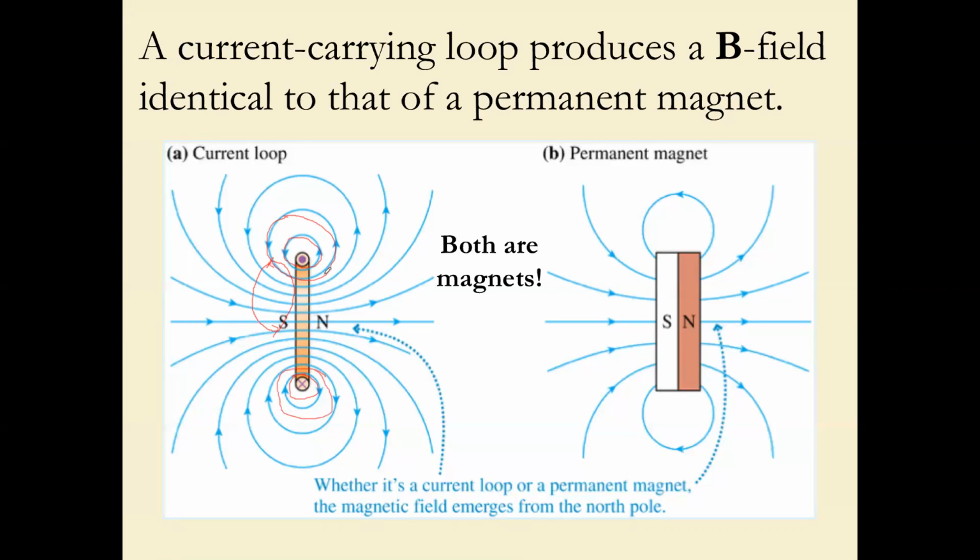That's why we see that magnetic field lines emerge from this side, and then they enter on the left hand side. So we can assign the pole of the loop as north on the right hand side for this specific loop, and on the left hand side we can assign the south pole. That's why we say that both of them are magnets.